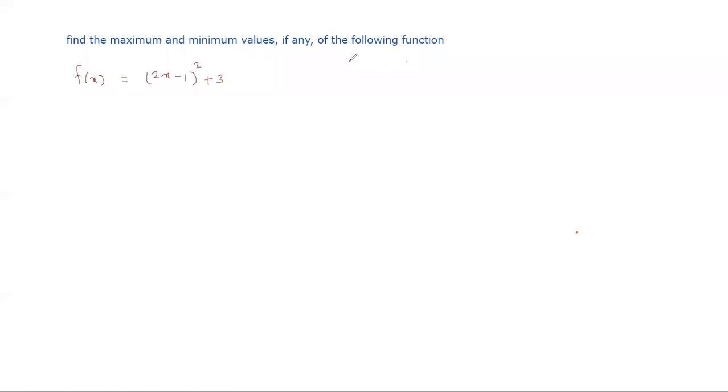See, it is not always possible to go and draw the graph and find it out. So you have to think algebraically. For this function, the question is, if this function has a maximum and minimum, you have to find it. So what do you think, whether this function will have a maximum value or minimum value?